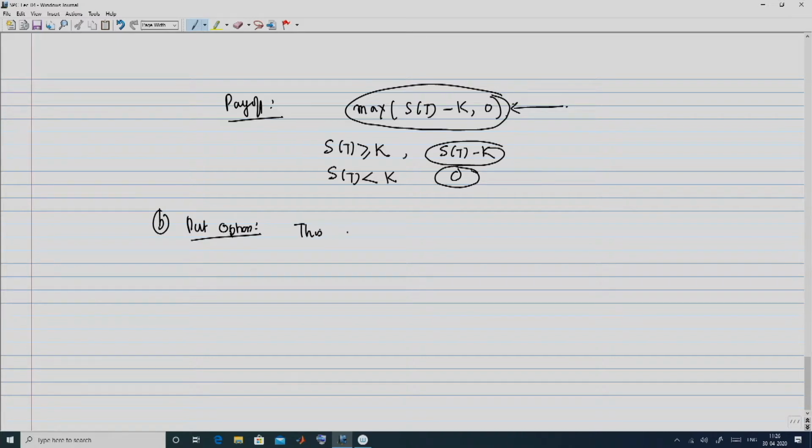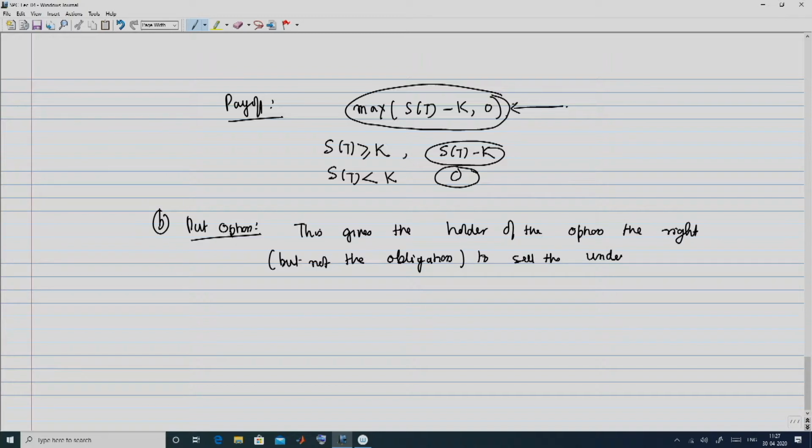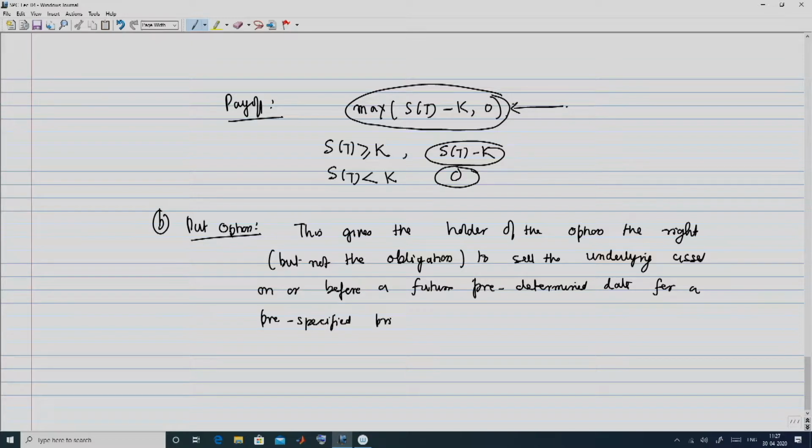So, here this gives the holder of the option the right, but not the obligation, to sell the underlying asset on or before a future predetermined date for a pre-specified price.